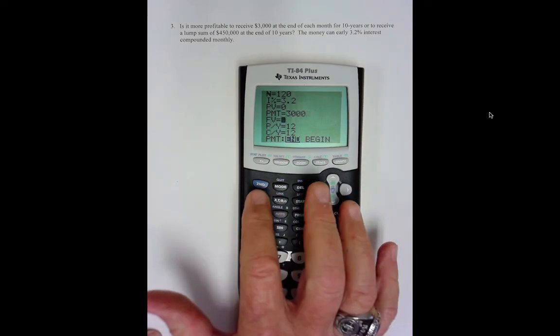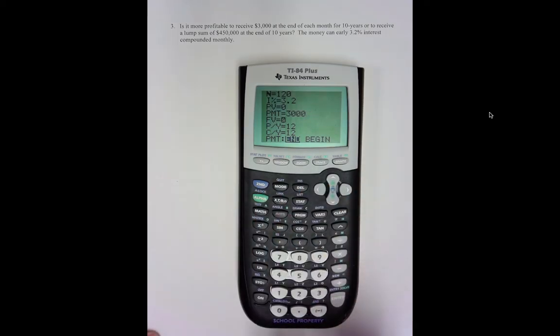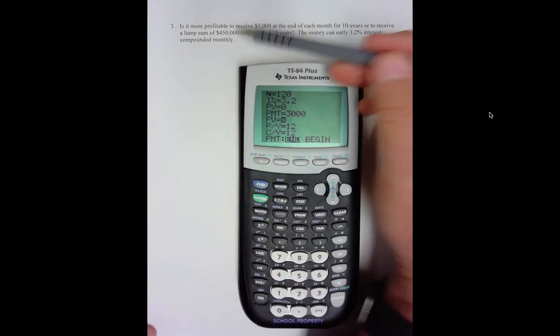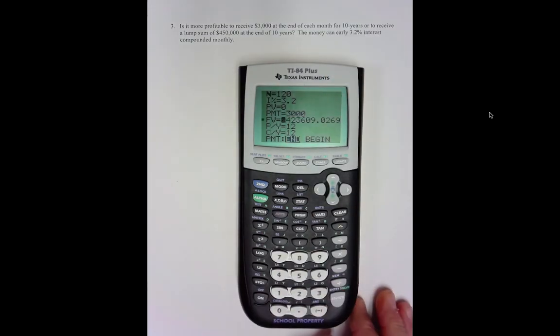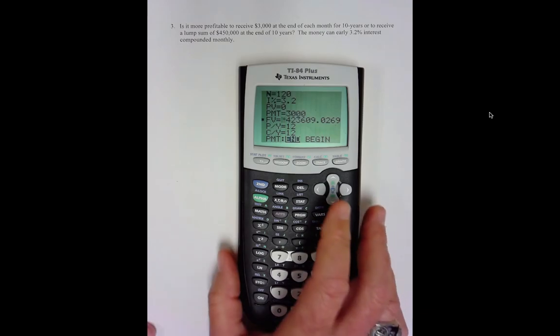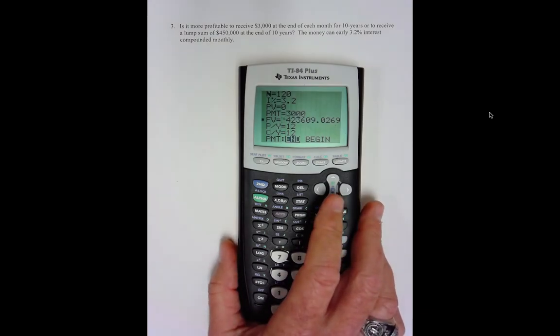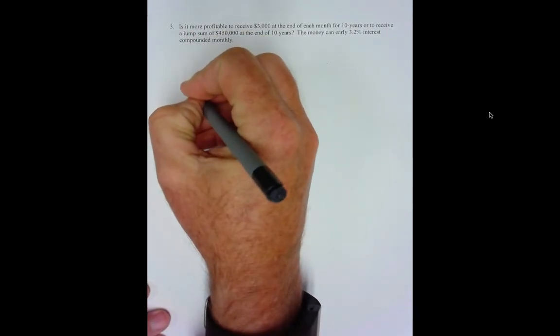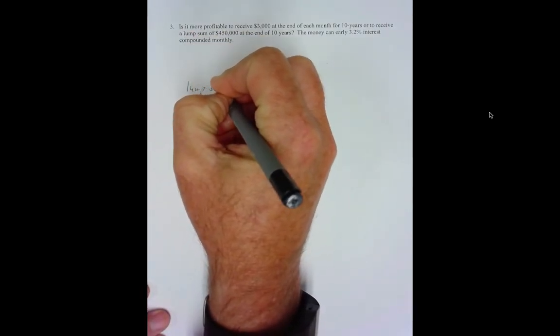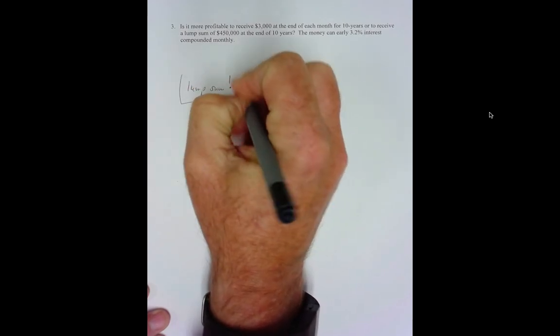And the future value is what we want to know. So, drum roll please. Is it bigger than $450,000? No. So guys, you would want to wait until the end of the 10 years and take the lump sum value.